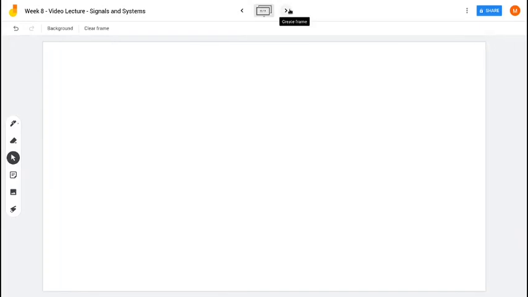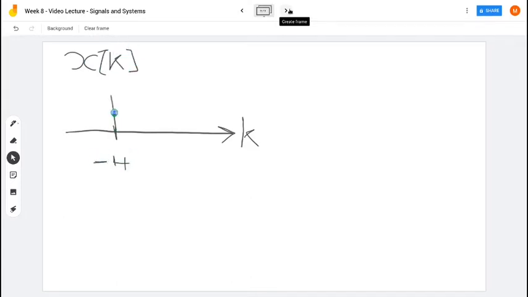So as usual, we will do the convolution graphically. So the first step is to draw x of k, which would be starting at minus 4 and would be right-sided, something like this.